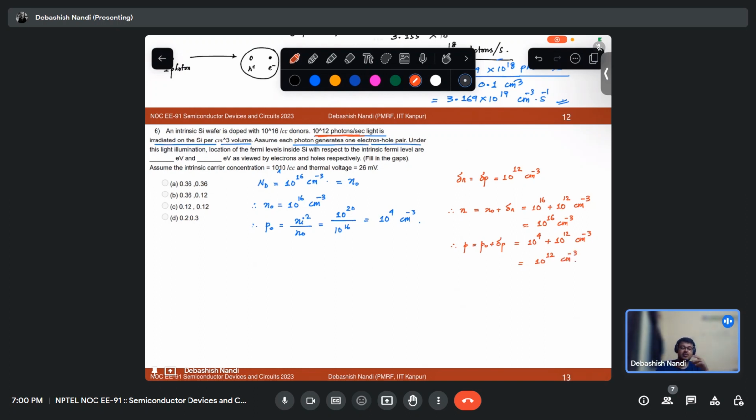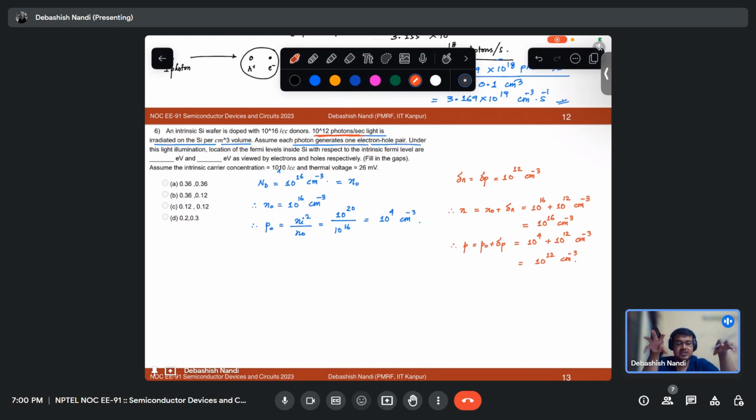So by just looking at this, can you tell me which carrier concentration will have a larger impact due to these excess carriers? Hole concentration, right? So what happens when the concentration of certain carriers has risen suddenly? If suppose there are 10 to the power 4 electrons at this place, suddenly it has become 10 to the power 12.